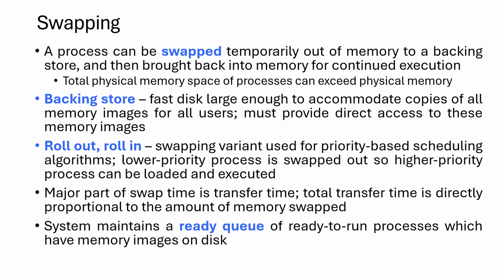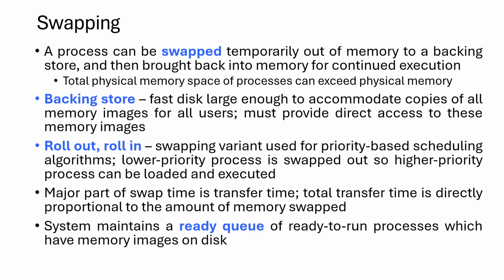Then the next concept is swapping. A process can be swapped temporarily out of memory to a backing store and then brought back into memory for continued execution. When executing a program, some part of the program may need to be kept in the secondary device, and later it will be loaded into memory for continuing the execution.